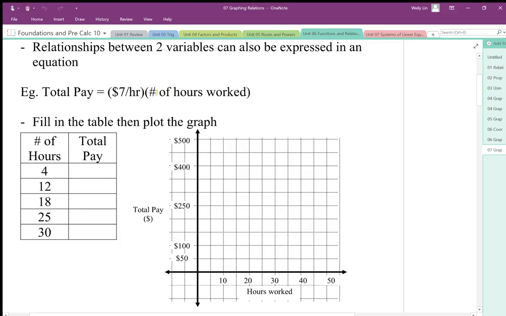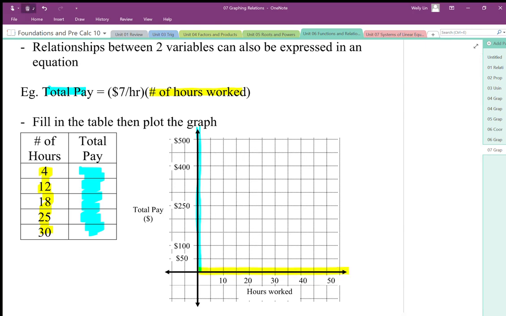Our hours worked should be our independent variable, that's our input. And then our output is going to be the total pay, so that's our dependent variable. That means our total pay should be graphed vertically, and the hours worked should be graphed horizontally.